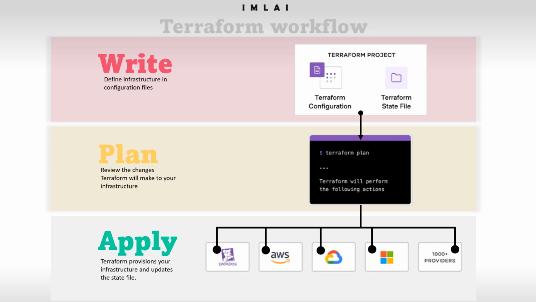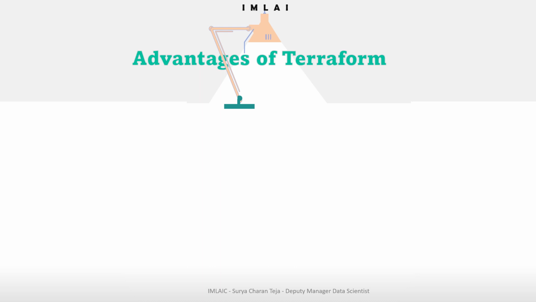So as we have seen the Terraform workflow, now let's look into the advantages of Terraform. One of the biggest advantages of Terraform is it can manage any infrastructure. If you want to find providers for so many of the platforms and services you already use, you can go to the Terraform registry and check.